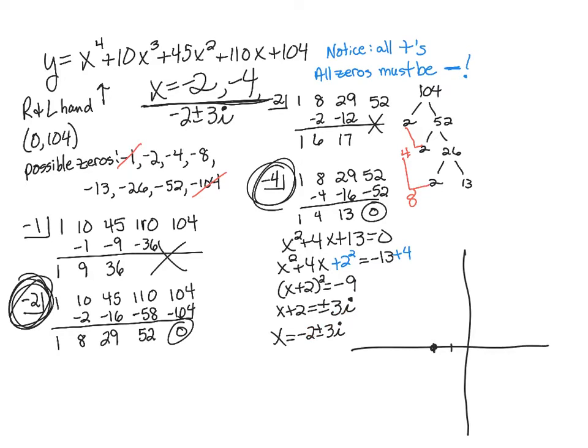I have a 0 at -2, at -4. I have a y-intercept way up there at 104. My left and right hand behavior are up on both sides. Passing through those zeros, picking it up. There's a wobble somewhere. I don't care where you put it. You don't even have to put it if you don't want to. And there you go. Practice, practice, and good luck.